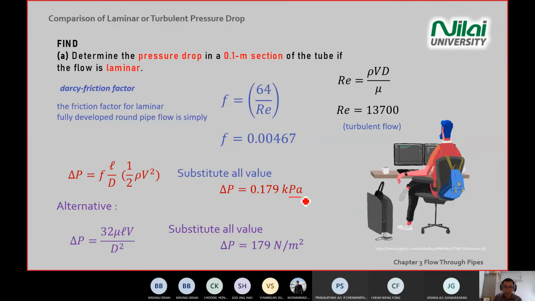If the exam doesn't state which unit to put, you can give in Pascal or in Newton over meter square. But normally the unit will be stated clearly in the exam question statement.